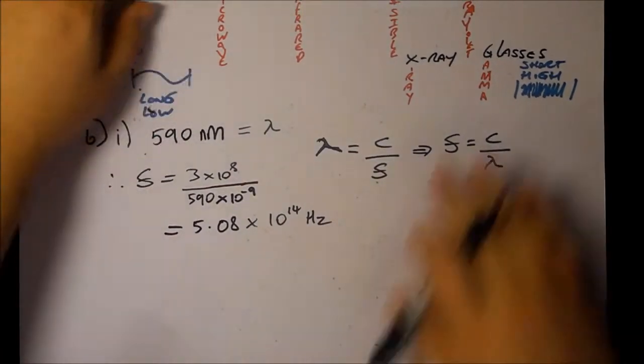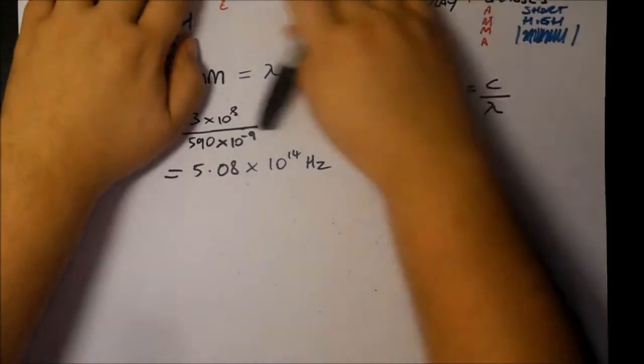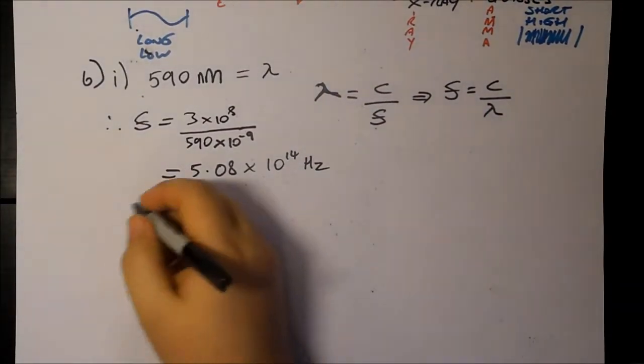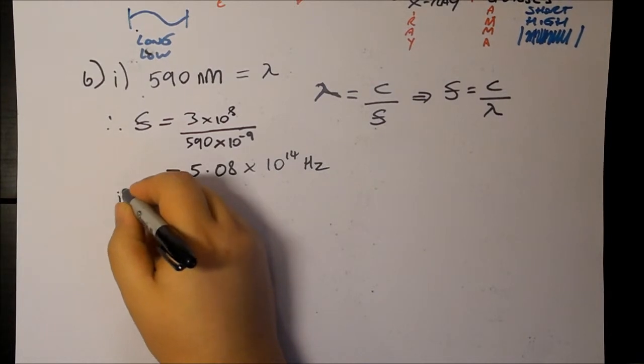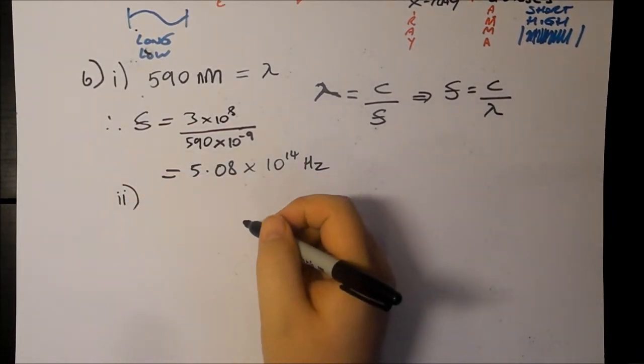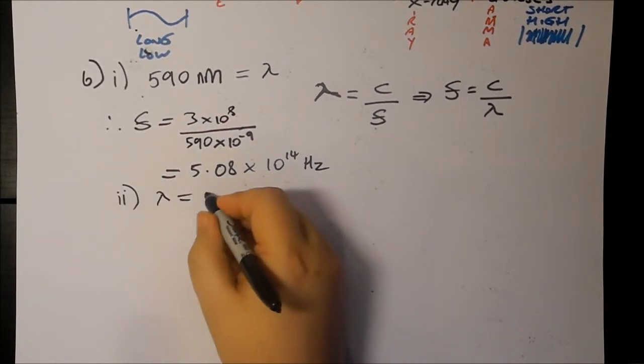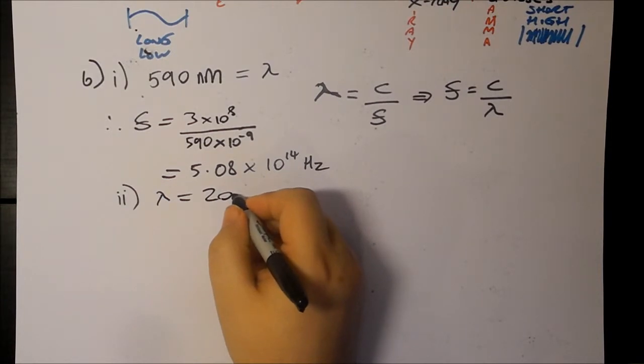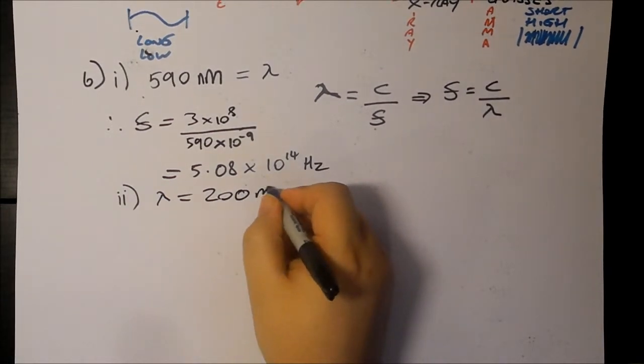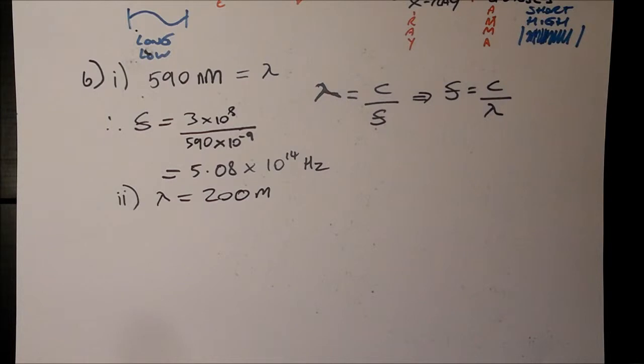Okay, let's just move the paper up. So, part 2. We're doing it again, but this time the wavelength is a radio wave of 200 meters, so a very long wavelength.